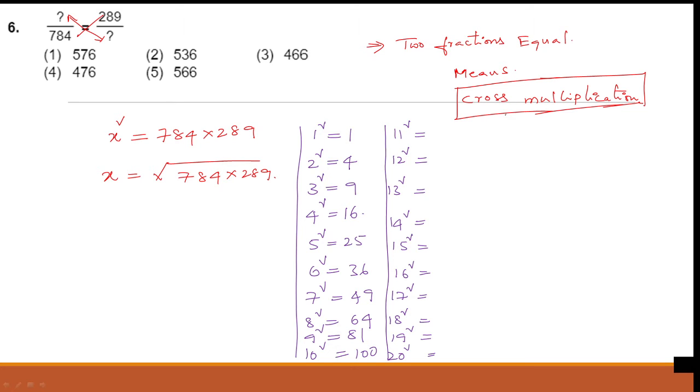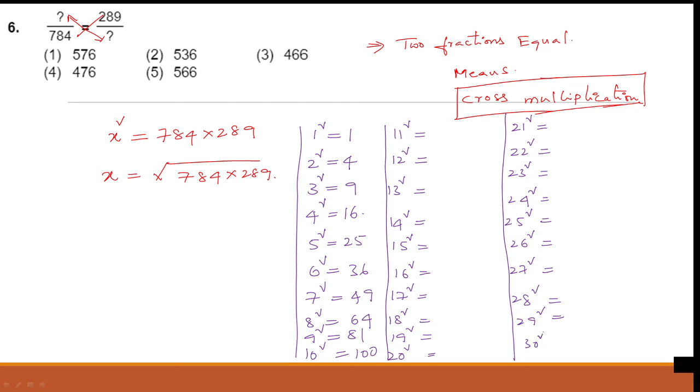Maybe for some people remembering these values is also easy, but the task is the squares of 21, 22, 23, 24, 25 and so on, up to 30. So 29 square and 30 square.